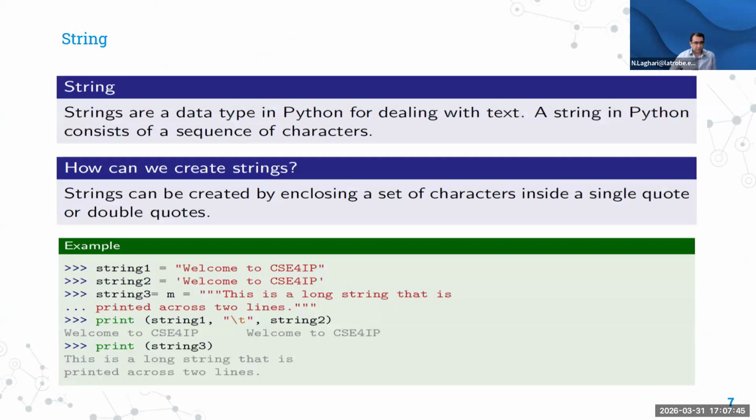Okay, so a string, we all know that strings are those values which are literally processed as they are, like welcome to CSE4 IP, and we can use single or double quotes.